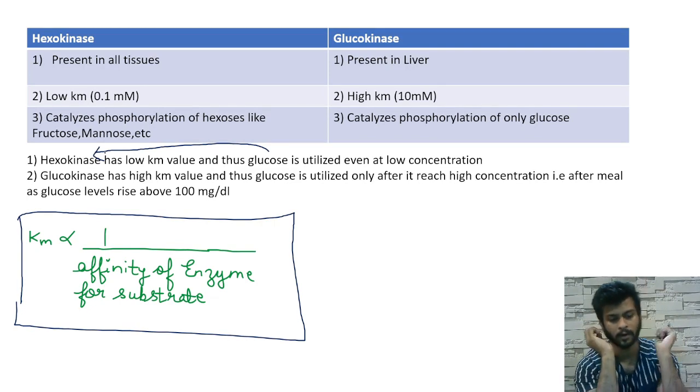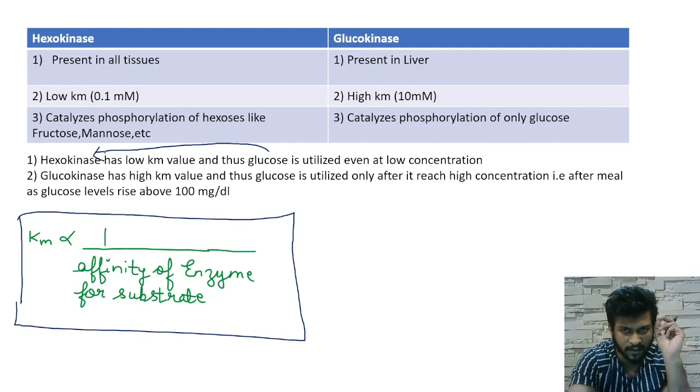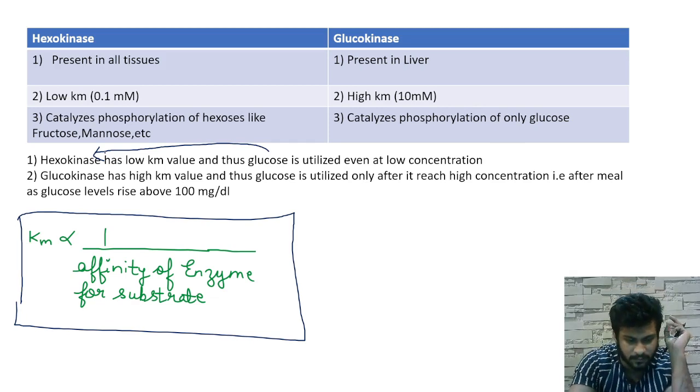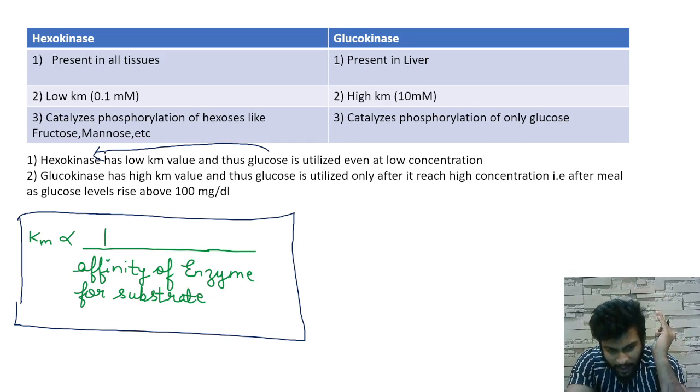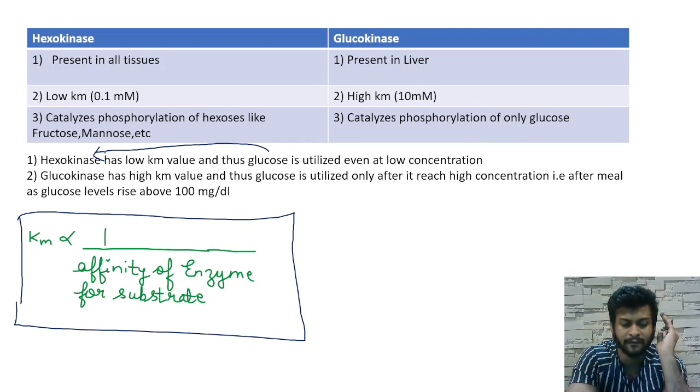Now glucokinase has a high Km value. If the Km value is higher, the affinity of the enzyme for the substrate will be less. The enzyme is glucokinase and the substrate is glucose. If the affinity or attraction of the enzyme for glucose is less, the substrate would have to be present in higher concentration to actually bind with the enzyme.